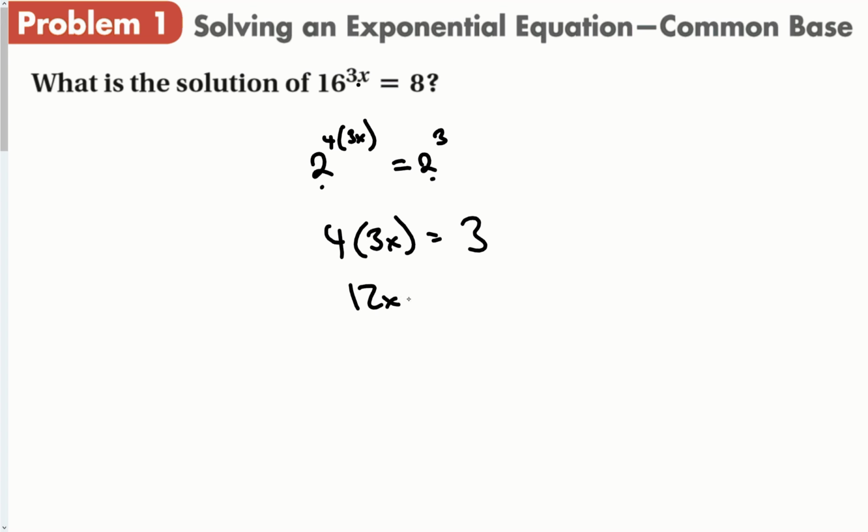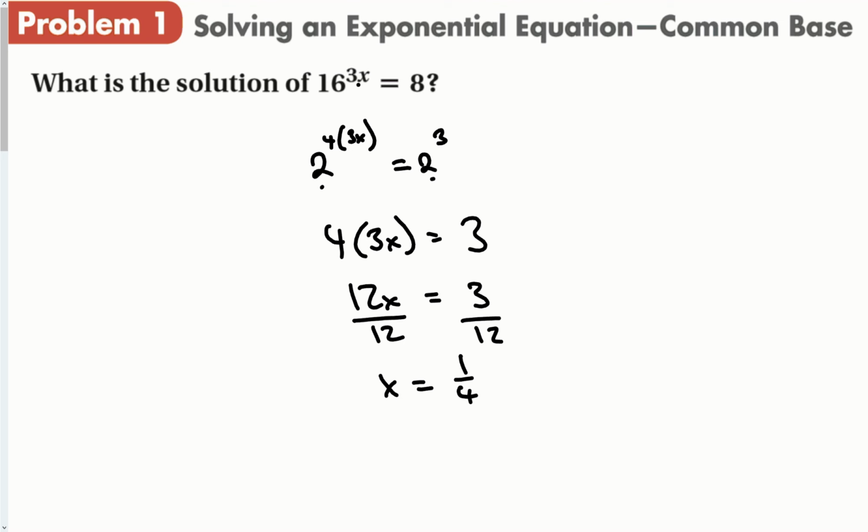Well, but it's 12x. Okay, so we just divide out the 12, and we get that x must be a quarter, right? And now if you plug that in, x is equal to a quarter. If you plug in x, you get that these two are both 3, okay?